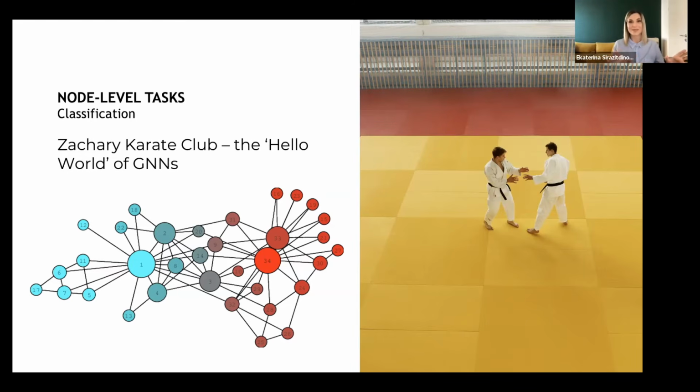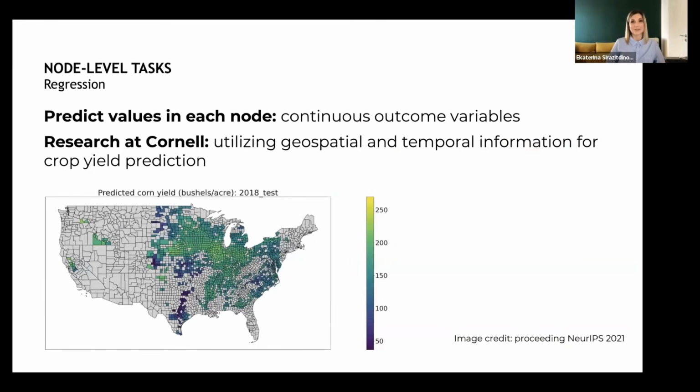There are many examples on GitHub. The data set is available, so I highly encourage you to look it up and try it out. On the regression task, we can also have node-level prediction.